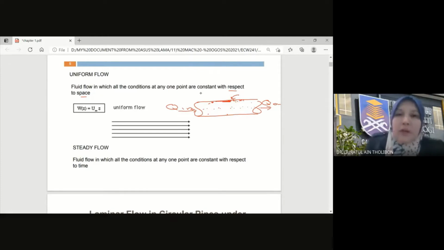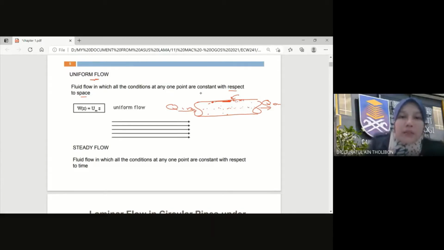For example, kalau dibuat daripada besi, so besi tu akan menghalang molekul tu dari bergerak laju. So bila kita ada steady, uniform flow, meaning itu tak berlaku, tak ada beza antara center of the pipe dengan boundary of the pipe, dia punya flowing of the molecules.